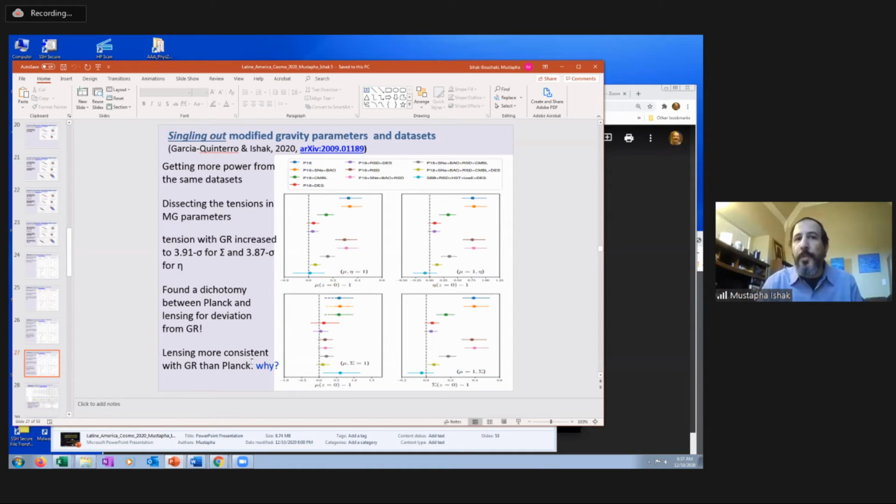So we don't know precisely why this dichotomy and why the CMB data or Planck 18 is in tension with these parameters. But we have a suspicion where we are moving to.